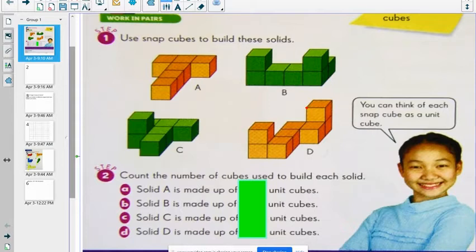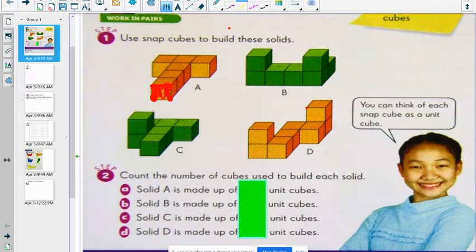So A, let's take a look at A. You've got edges, right? Vertices. And you've got faces. This is a face.